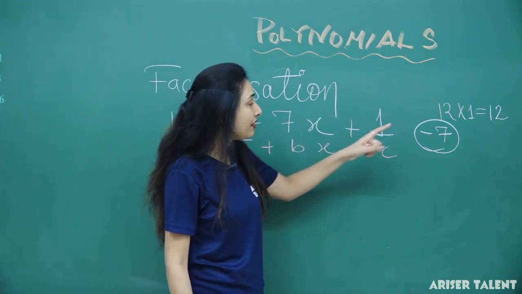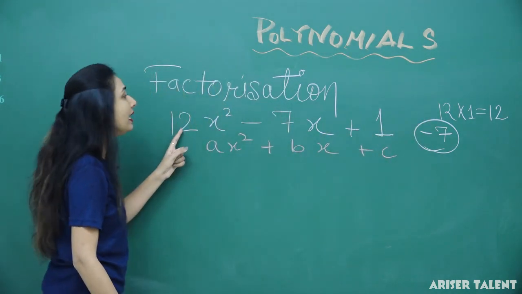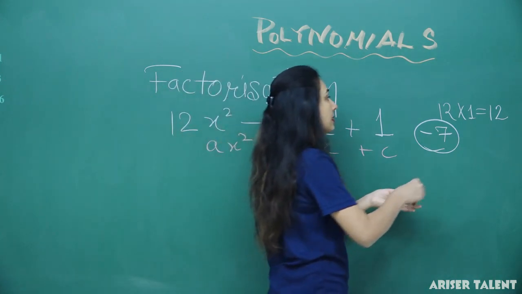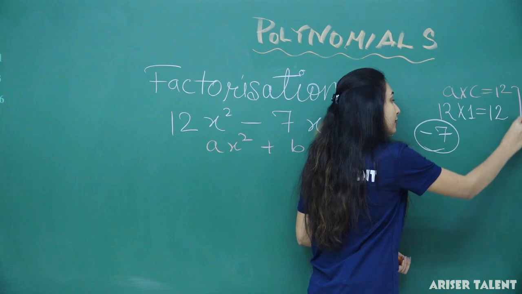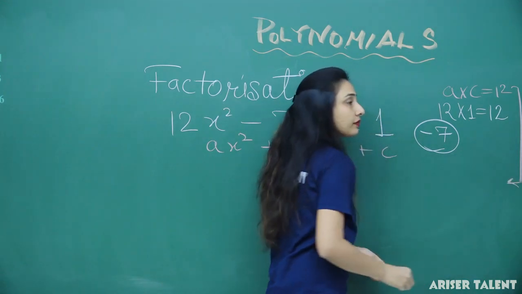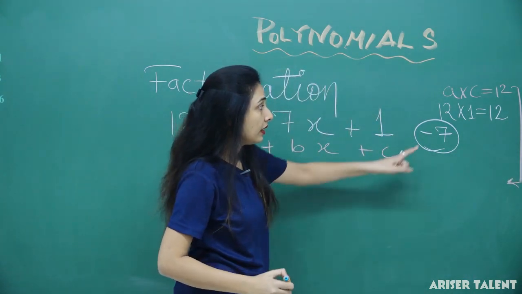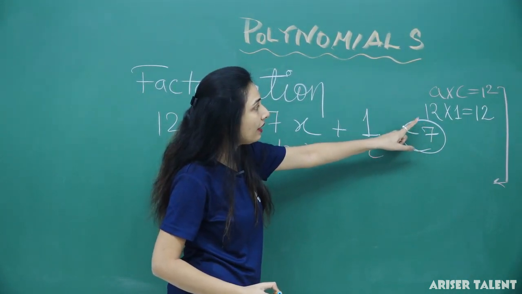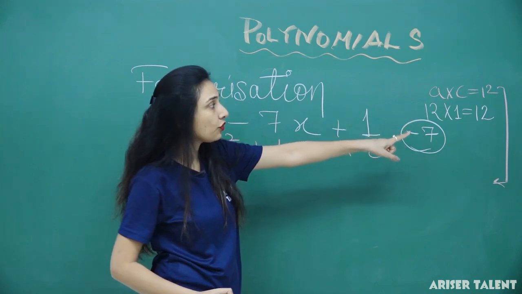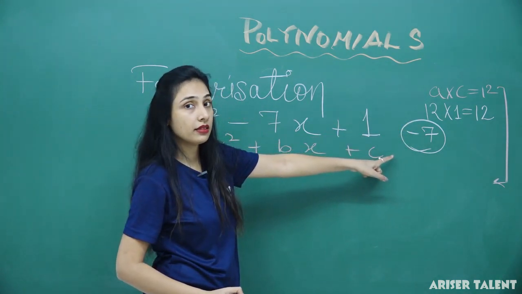That means a multiplied by c is 12, and the factors should give 7. Now how will I factorize 12 so that I can get 7 from it?